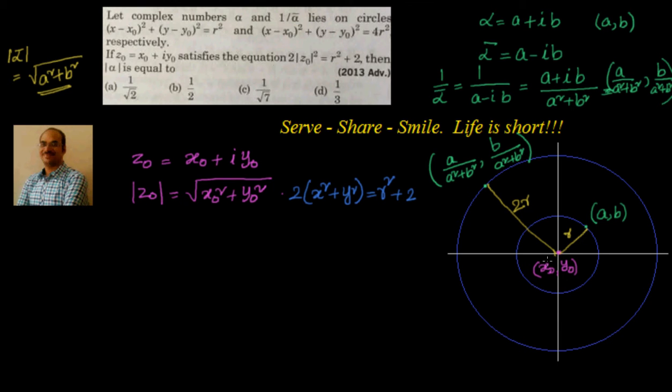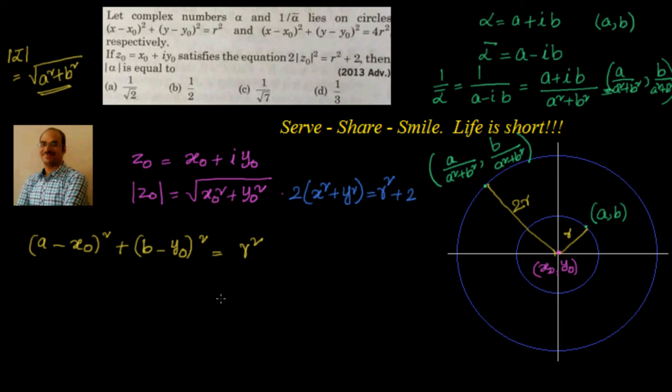The first condition will be (a minus x naught) whole square plus (b minus y naught) whole square is equal to r square.